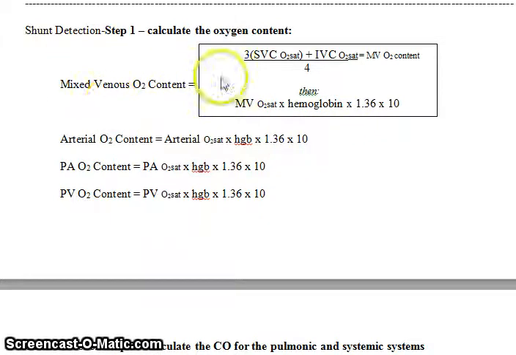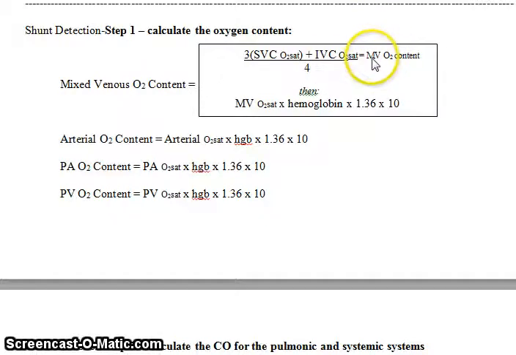Now the difference is when we are calculating a shunt and we're trying to find the mixed venous content, normally we could use the pulmonary artery, but when you're doing a shunt, you can't do that. You have to use 3 of the superior vena cava O2 saturations and 1 of the inferior vena cava saturation. Add those 4 together, divide it by 4. That gives you the average or a true mixed venous content.